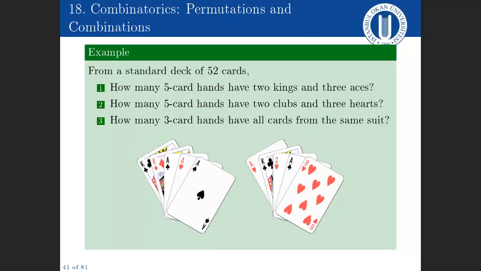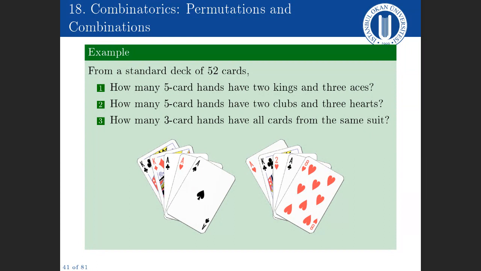Another example. From a standard deck of 52 cards, so that's 13 hearts, 13 clubs, 13 diamonds, and 13 spades. How many 5-card hands have 2 kings and 3 aces?